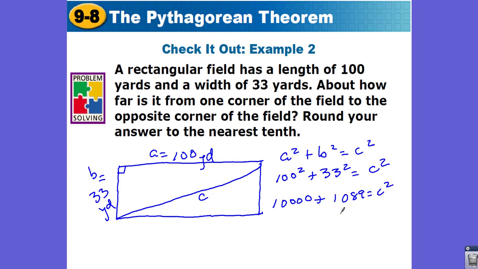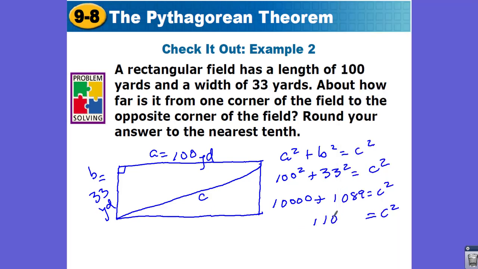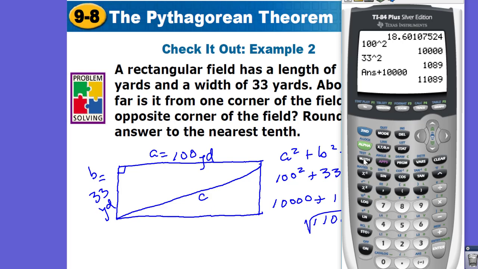So in the real world, sometimes our numbers are not very nice. So we add these together. So 1,089 plus 10,000 equals, and we end up with 11,089. Now again, I don't want c squared, so I take the square root of both, and c is approximately equal to, and we do the square root of that, second x squared, 11,089, close parenthesis, enter, and we end up with 105.30.